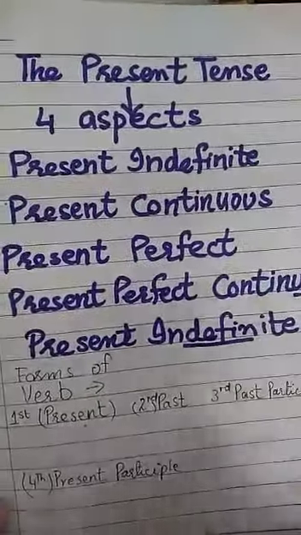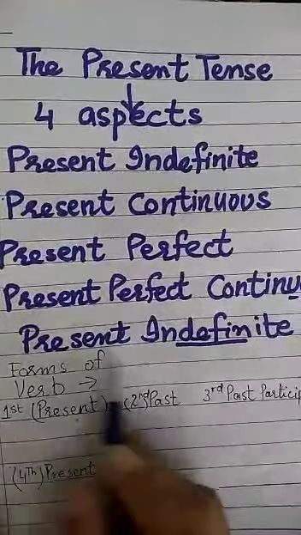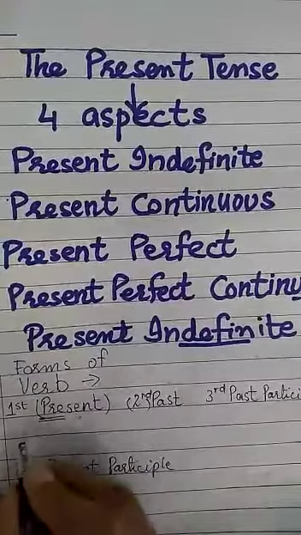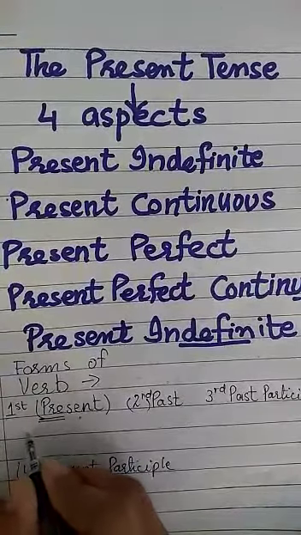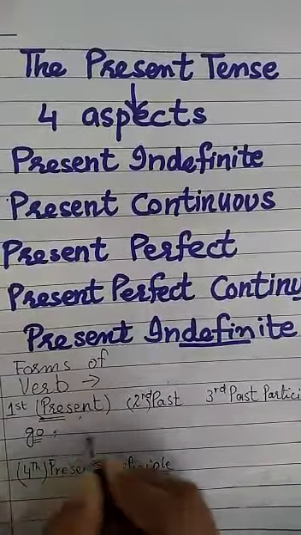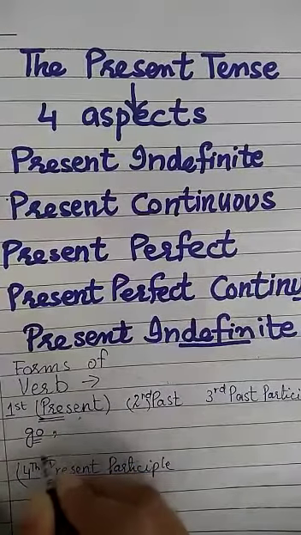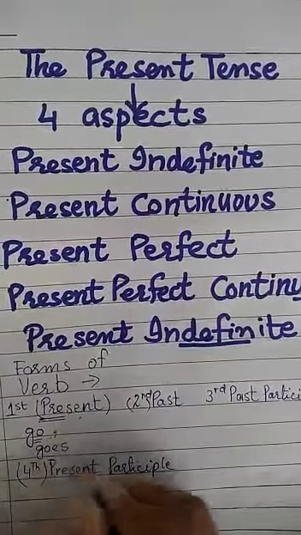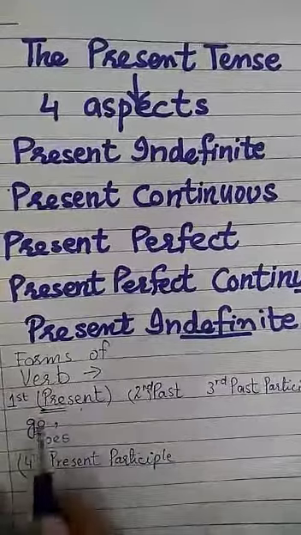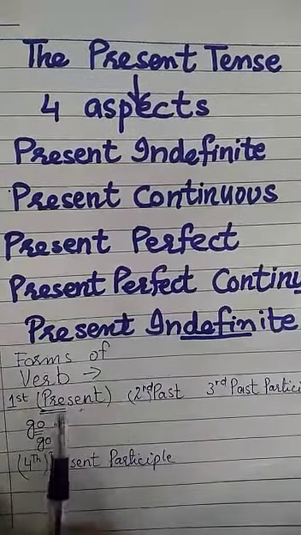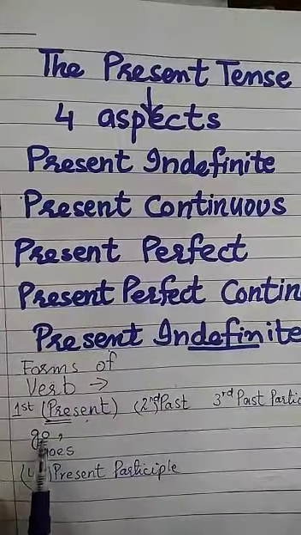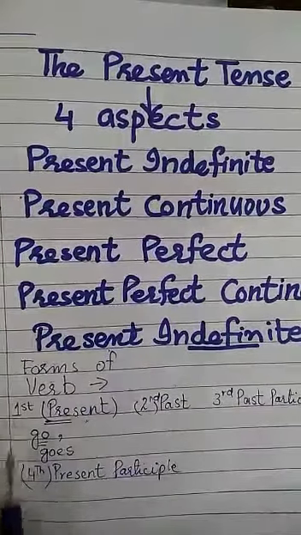So boys, let me tell you that in present indefinite, the first form of the verb is used. The base form, for example, go, right? And the S or ES form, goes. Both are present forms of the verb.